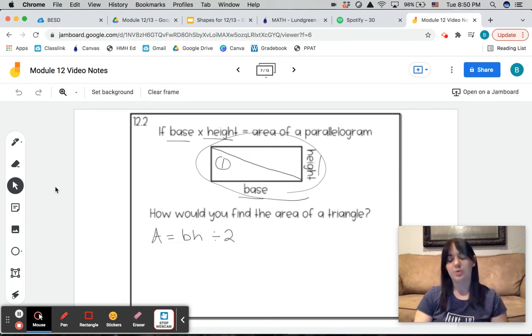Okay? So we're just going to divide our base times height by 2. Okay? So we're going to divide the area of the parallelogram by 2.